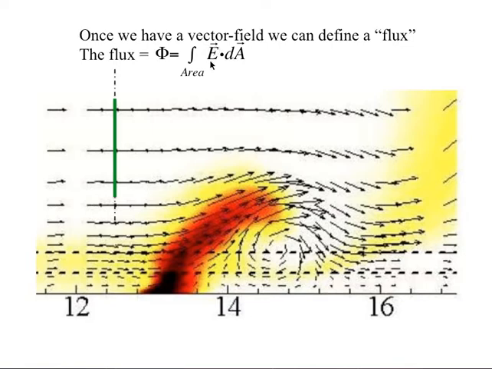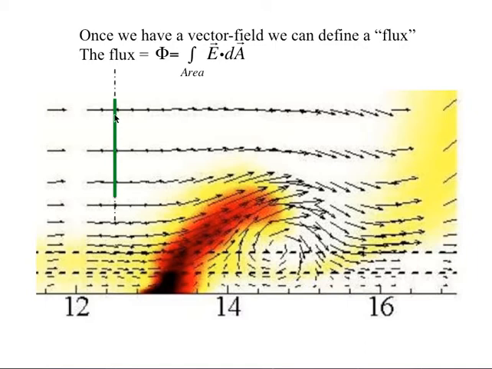E is the vector field. We'll be using electric field, of course, but the picture here shows a velocity field, so it would just be a V instead of an E. dA is an infinitesimal area, and it has a direction. The direction we choose for the infinitesimal area is perpendicular to the surface of the area.